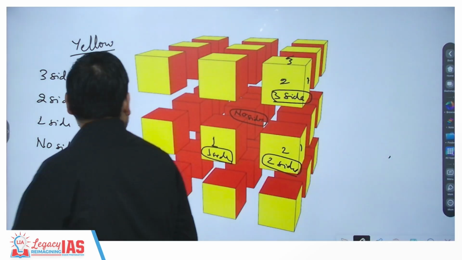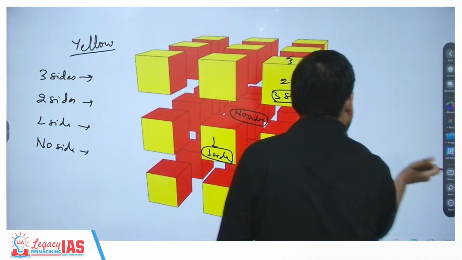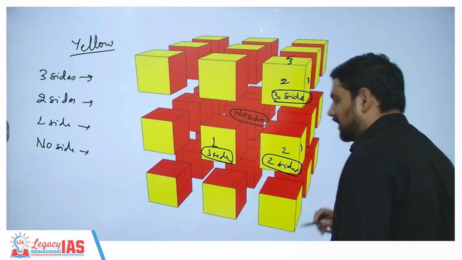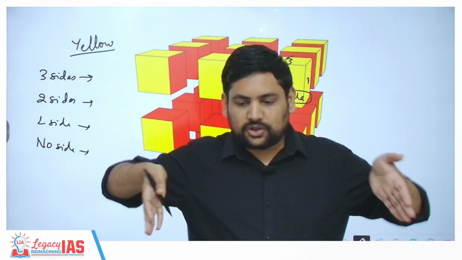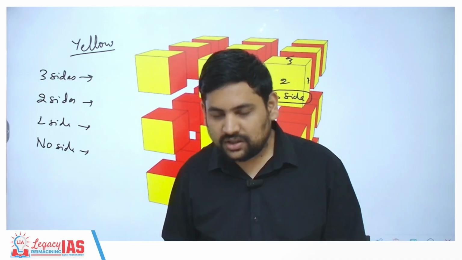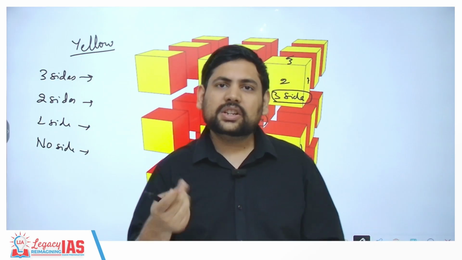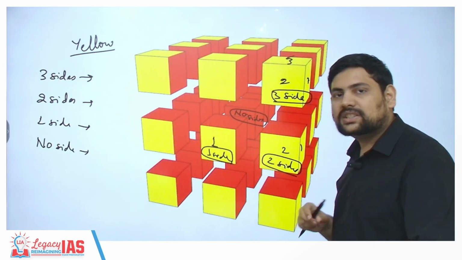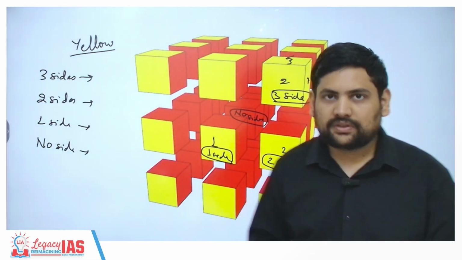Now, the first thing before this that you need to understand is this. Here, of course, it was arranged in such a way that he gave you 27 small cubes joined together, then put inside that paint. Now, suppose they don't give you that, then there must be some formula from which you can get the number of cubes.